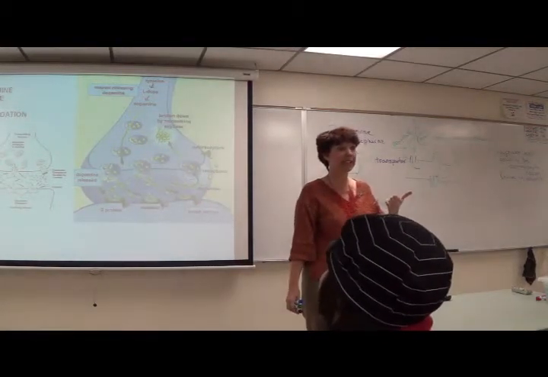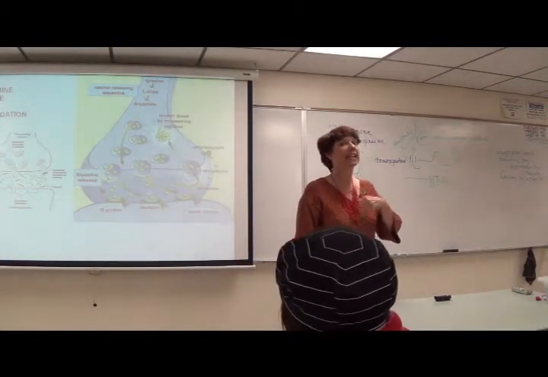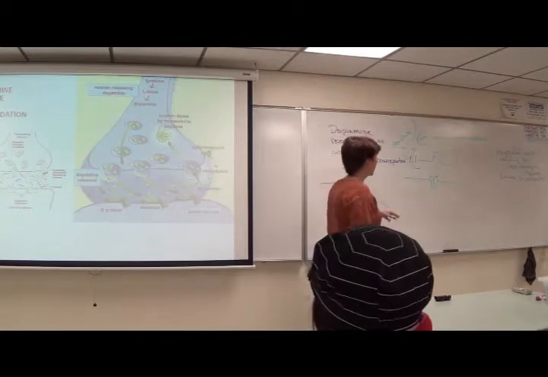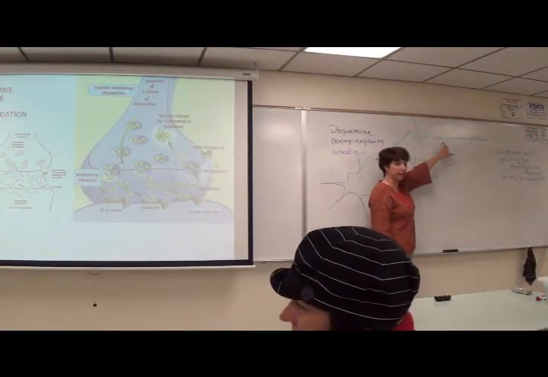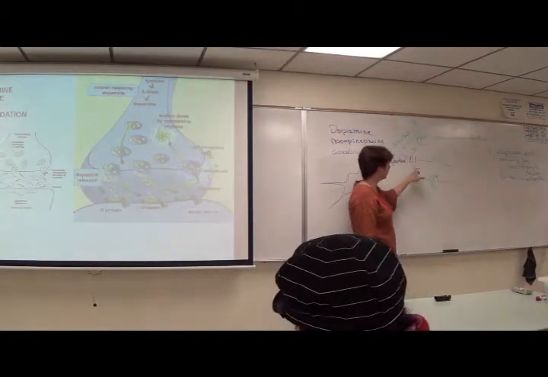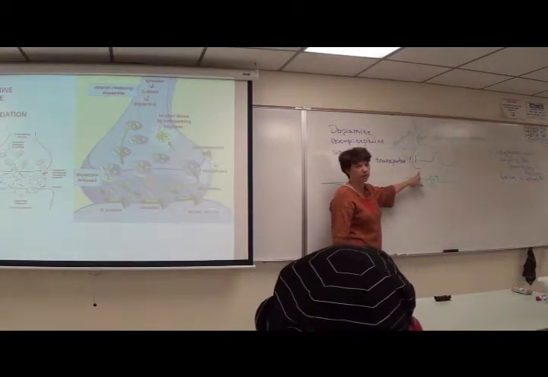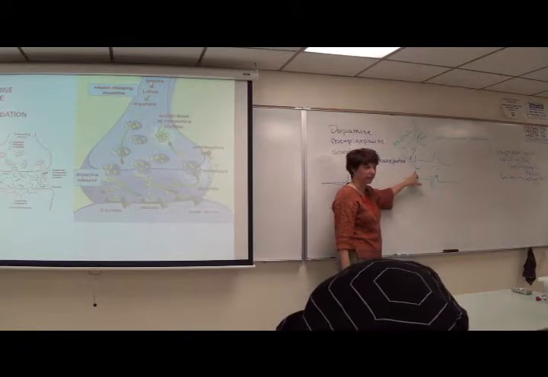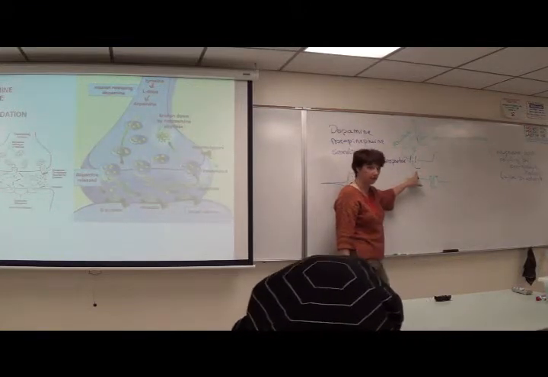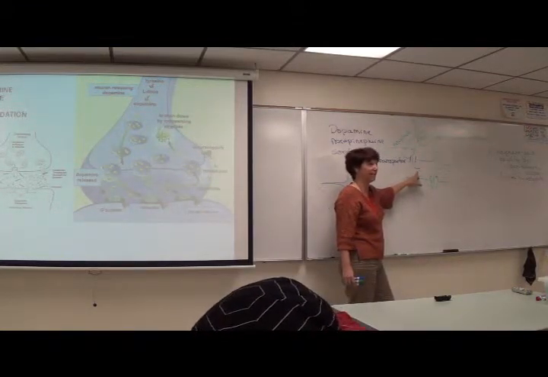It's a monoamine oxidase inhibitor. What that does is it prevents monoamine oxidase from working and increases the buildup of dopamine or serotonin in my synaptic cleft, which is why it's contraindicated that I take both of those drugs at the same time.